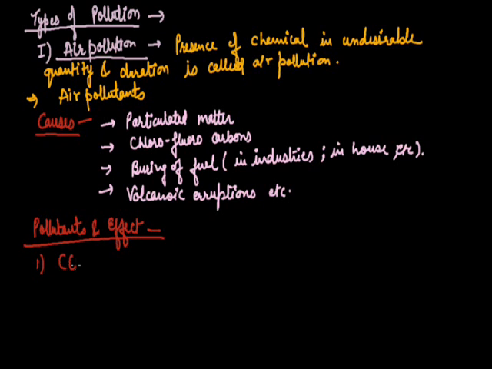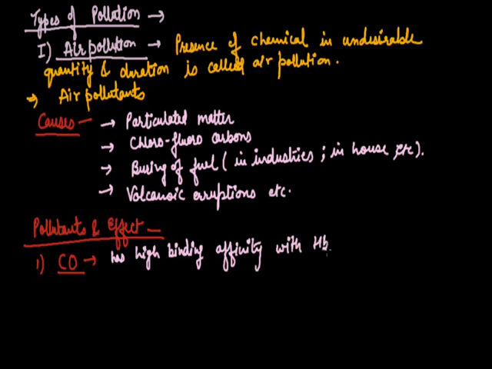The first one is carbon monoxide. It's formed by the partial combustion of hydrocarbon matter, and as we know it's a very toxic gas because it has 200 times more binding affinity with hemoglobin, and because of that it binds with hemoglobin and forms carboxyhemoglobin, which is a very toxic substance to the body.